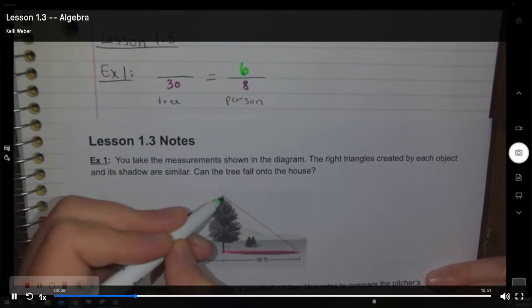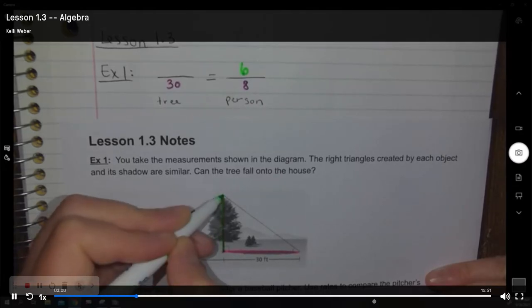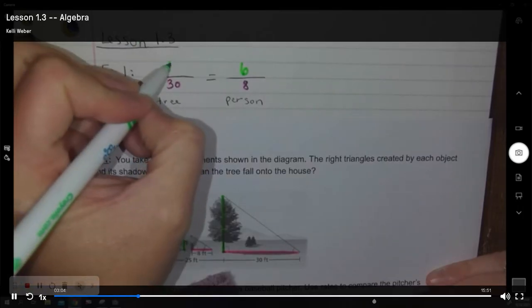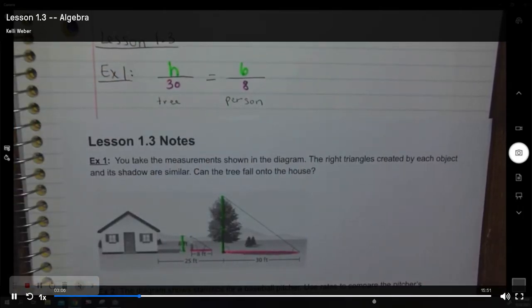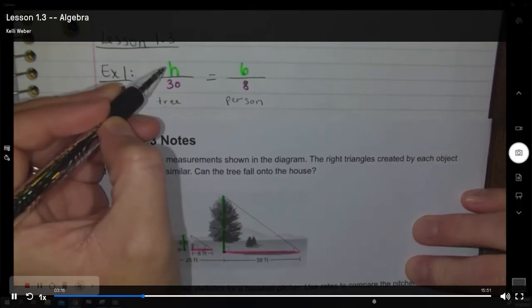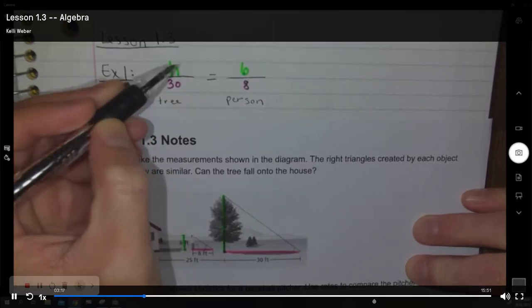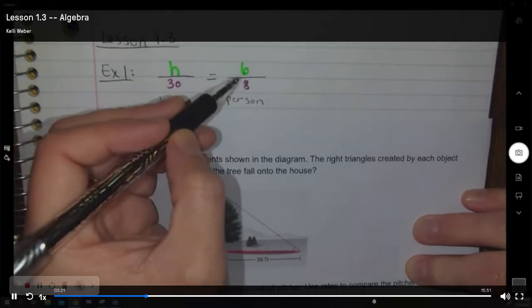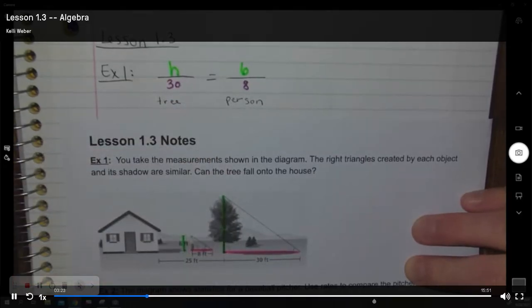And then my tree, it doesn't have a label for how tall it is. So we're going to use H for height because we don't know how tall our tree is at the moment. So what I basically did here is I put the height over the shadow for each of the fractions. So my tree has height over shadow. My person has height over shadow.